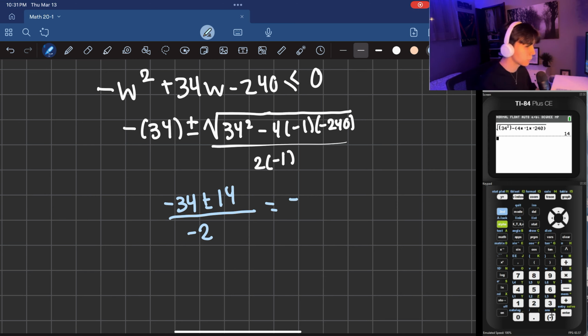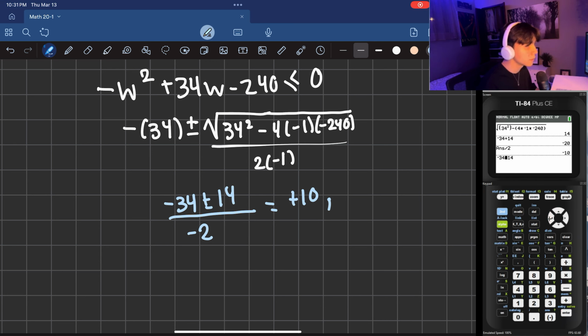So let's get our two solutions here. Our first solution is going to be -34 plus 14 over -2, and you get 10. And your second solution is going to be the same thing, just minus.